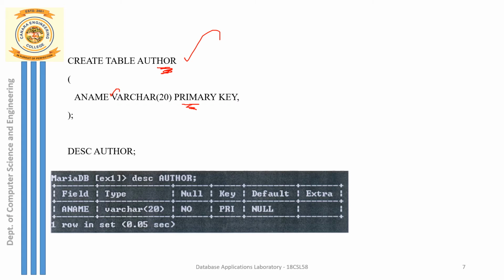So two or more rows in this table cannot be the same, you cannot repeat the author names. It should be like the first entry Navate, the second entry Kuros, the third entry Balaguru Swami, like that. Only different author details should be in this table. You can describe the table and see. This is the table author.